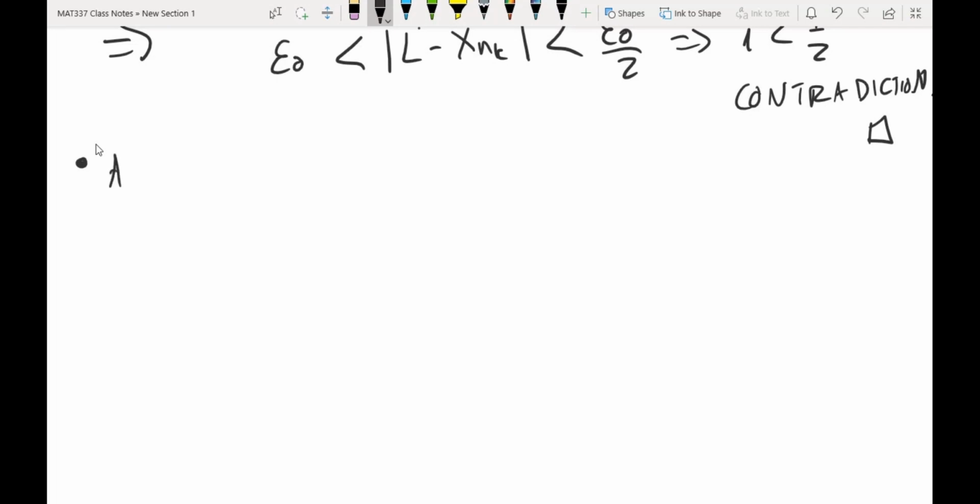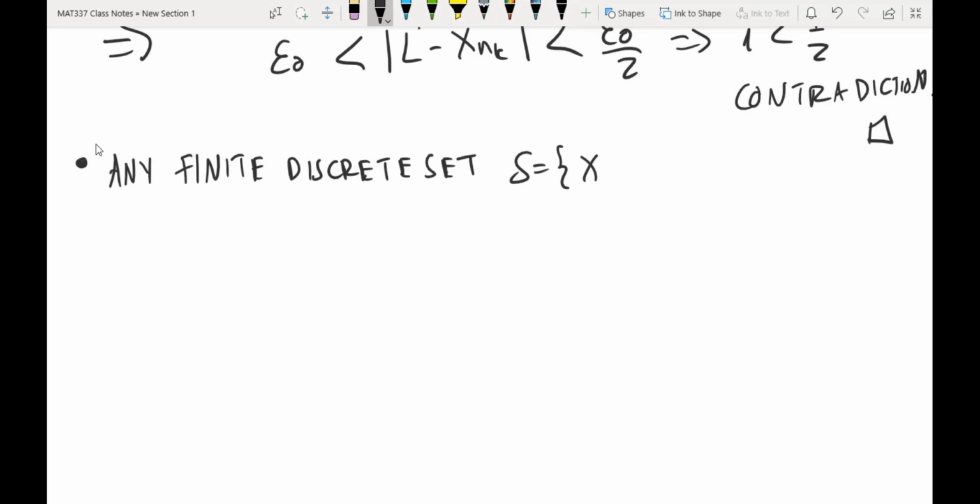Yeah, let's do this one. Any finite discrete set is compact. So let's see why. The proof is very similar.